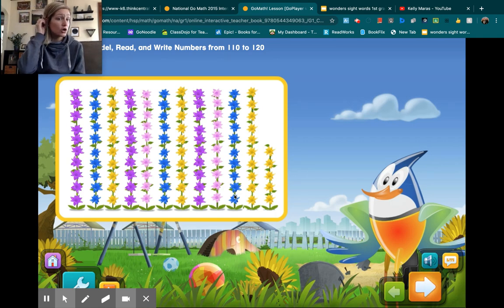So after we get to 100, 10 more is 110. And now let's count on. 110, 111, 112, 113, 114, 115. So this model is showing 115 flowers.